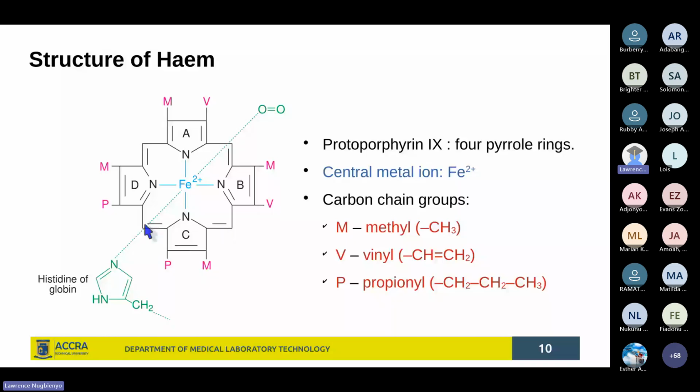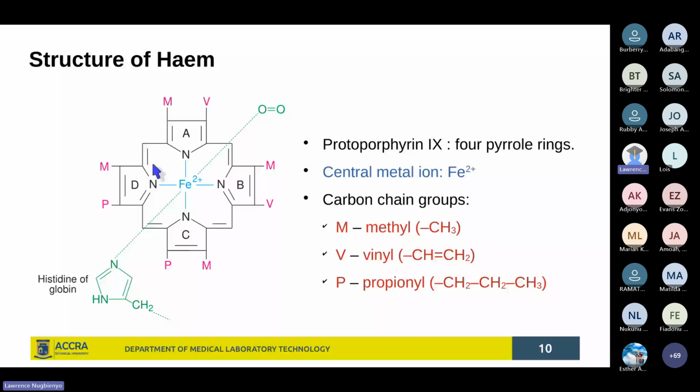And then the last, between D and A, there is that fourth methenyl bridge. So pyrrole rings joined together by methenyl bridges give you what we refer to as a porphyrin ring. So it's a porphyrin structure. It's a circular structure, a cyclic structure.